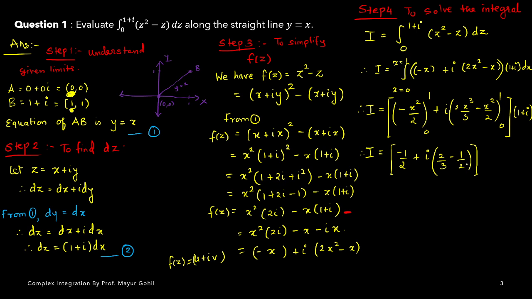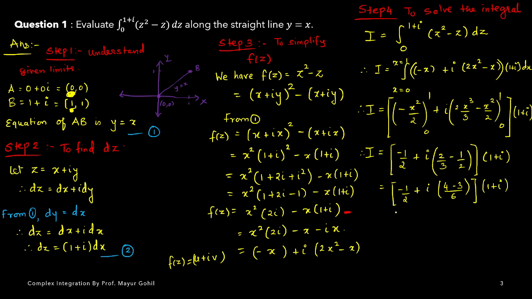That's what you will get, and it is multiplied by 1 plus i. So on simplification, minus 1 by 2 plus i times, here you will get 4 minus 3 over 6, right? And here it is 1 plus i.